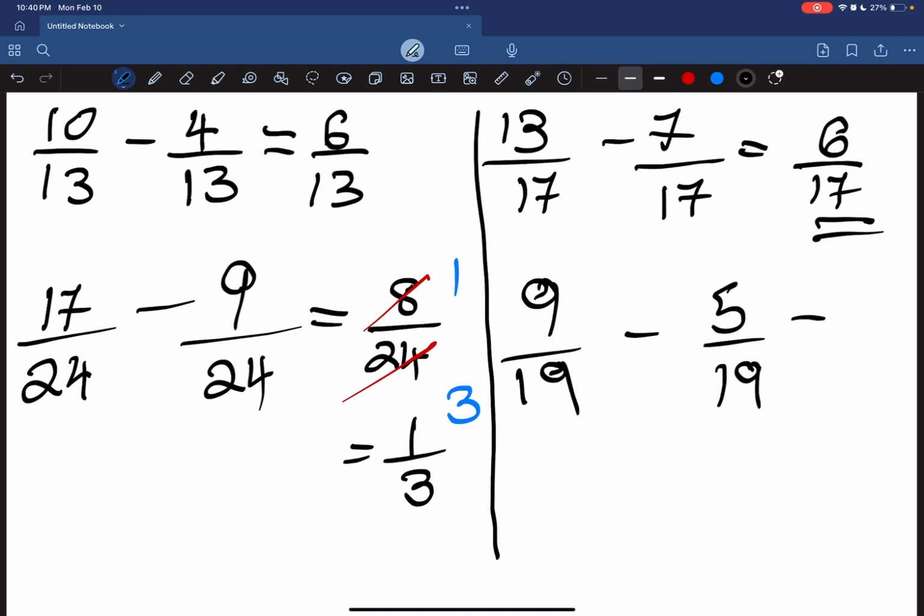The denominators are still the same, so we keep it. Now what we'll do with the numerators is subtract them, so we're left with 4. This cannot be reduced, so this would have been our final answer. And that's basically understanding addition and subtraction of fractions with like denominators.